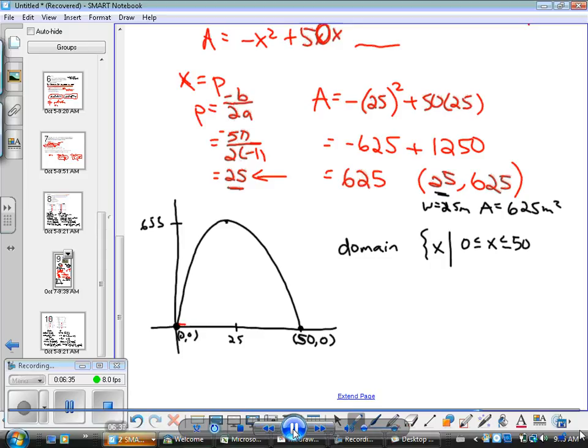Any length can be in between the integers, so you can definitely say x is an element of the set of real numbers here. The range is going to be the area, so any area between 0 and 625.